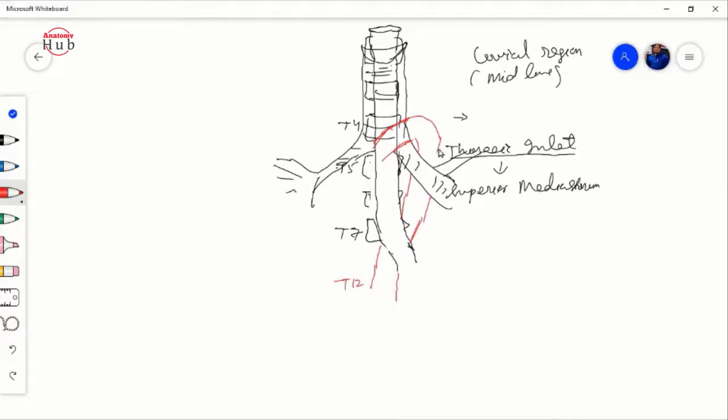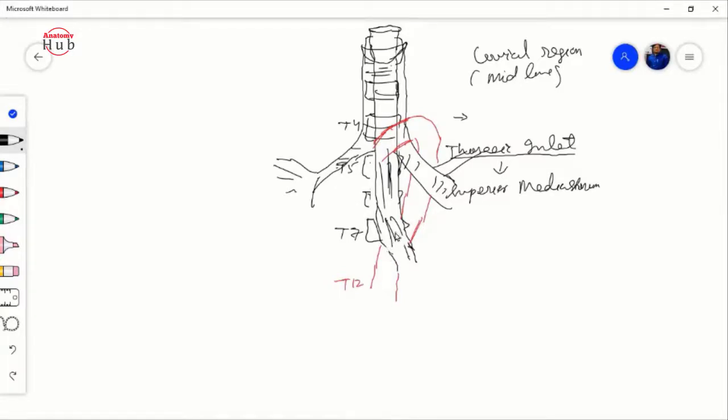So here you can see the relation. The arch of aorta first remains anteriorly. Then the descending thoracic aorta remains left to the esophagus. Then here you can see the esophagus. The aorta goes back behind the esophagus because it has to reach the T12 level.